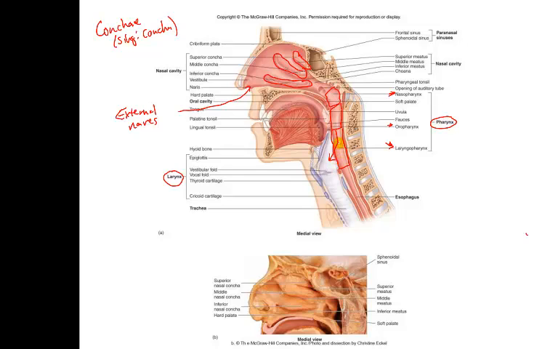And you can see that after the laryngopharynx, you get this parting of ways. The air goes anterior, whereas ingested material should stay posterior in the esophagus.